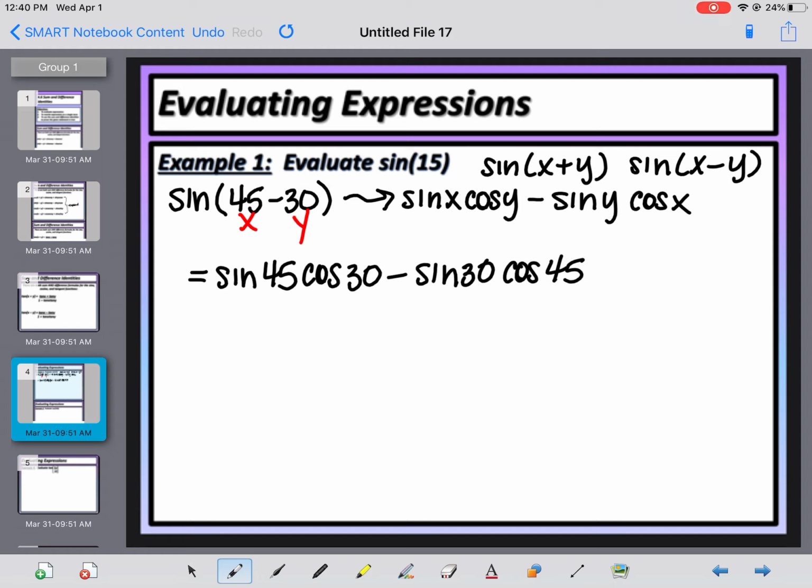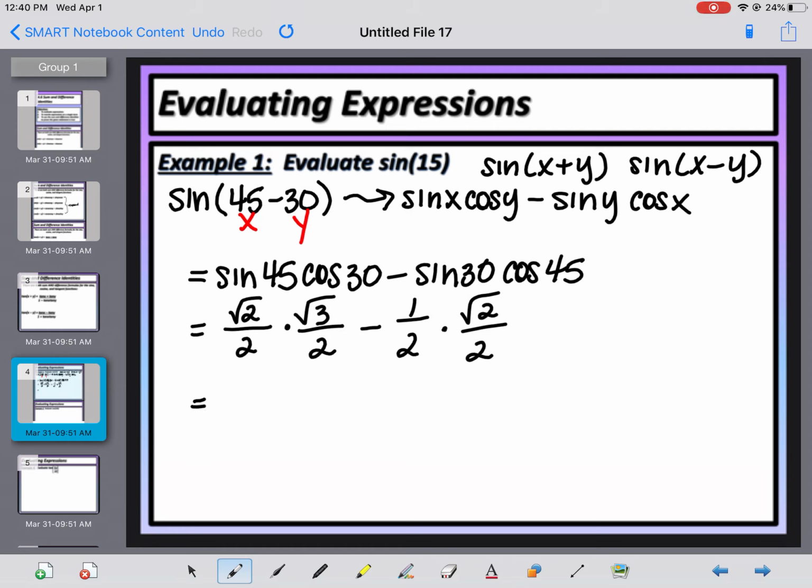In the sine row, we're going to find 45 degrees and get that value. Sine of 45 is root 2 over 2. Cosine of 30 is root 3 over 2. Sine of 30 now is 1/2, and cosine of 45 is root 2 over 2.